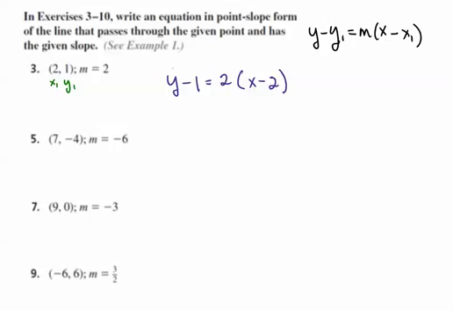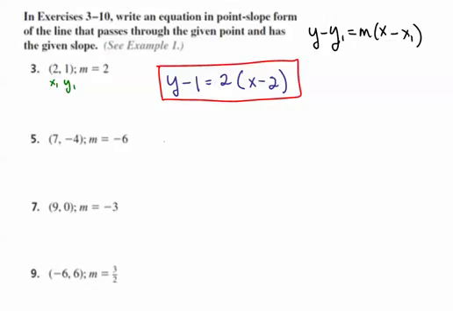Done. All we're expected in these four examples is to simply put the point and slope into an equation of point-slope form. Next, now it gets complicated when we have positives and negatives together.